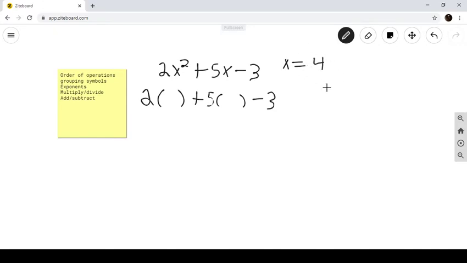And then plug this value that we're using for x into the parentheses. Okay? Oops, I forgot my square.